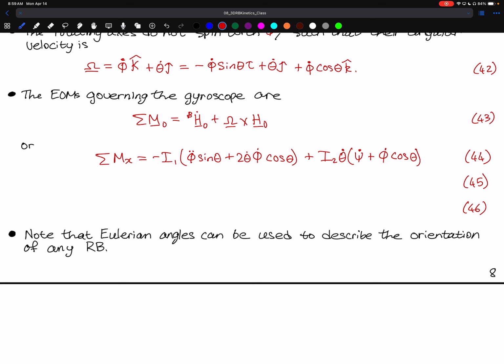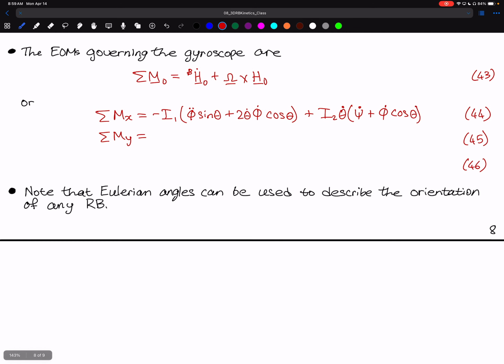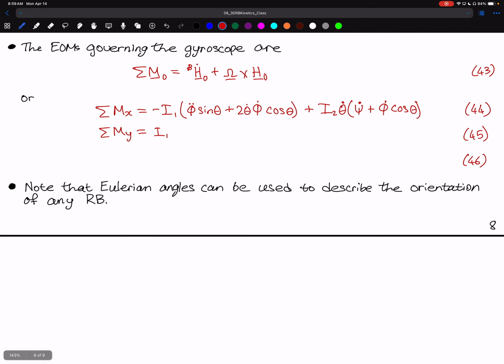So that's our x direction. For the y direction, the sum of the moments in the y direction is then equal to I1 times the quantity theta double dot minus phi dot squared sine theta cosine theta plus I2 times phi dot sine theta times the quantity psi dot plus phi dot cosine theta.